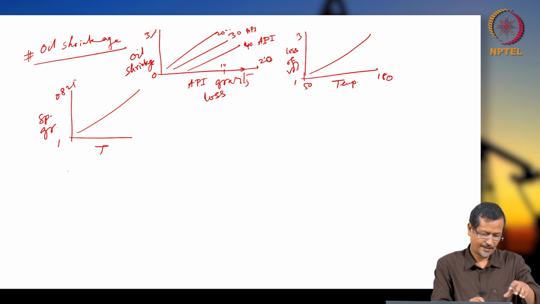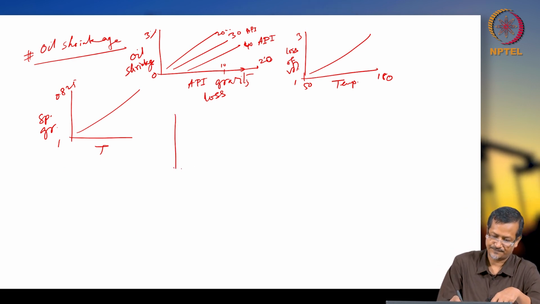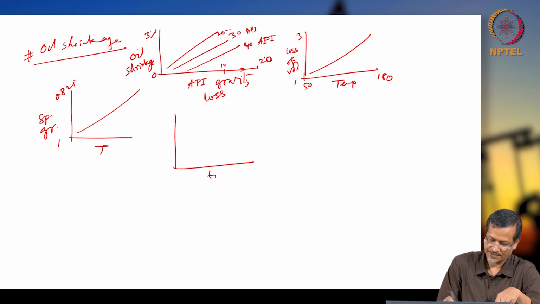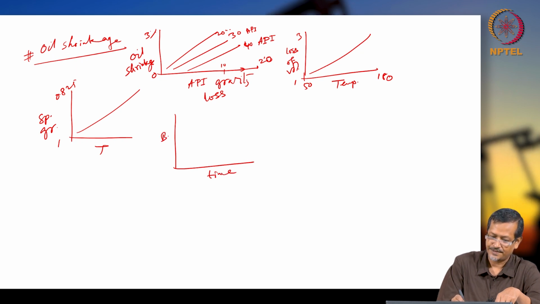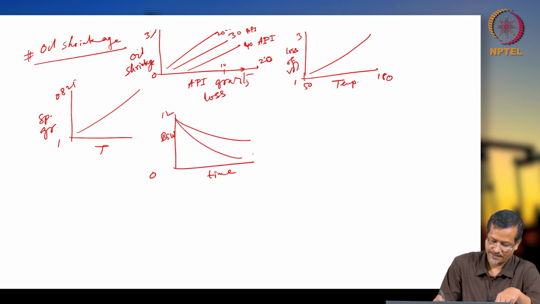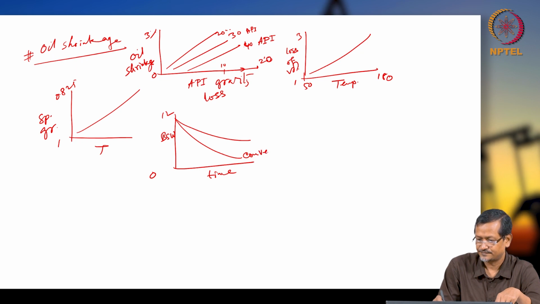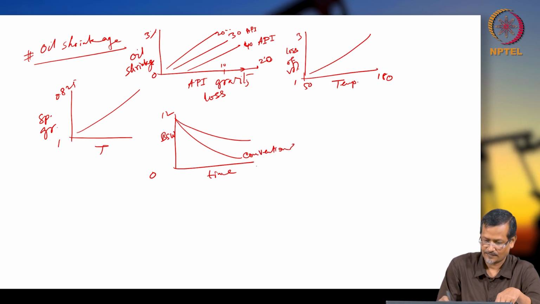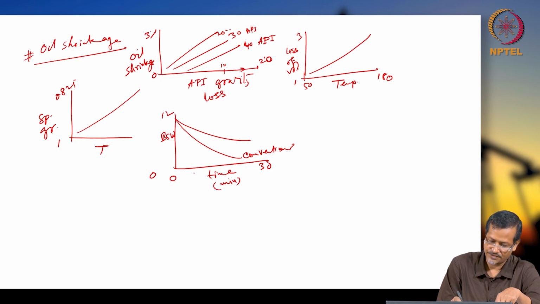Okay, and BSW changing, this is time, BSW 0 to 12, conventional system, 0 minute, 30 minute.